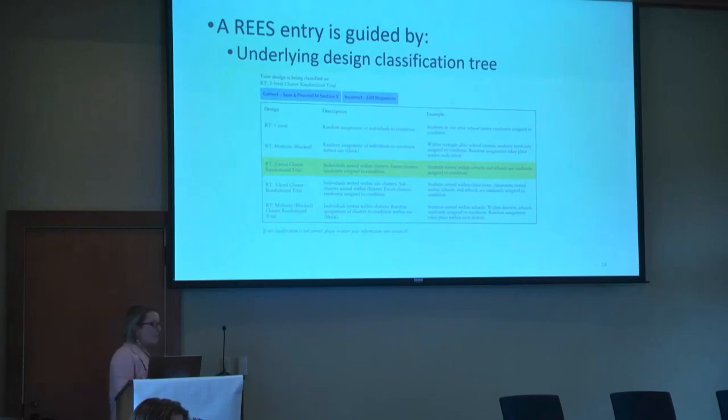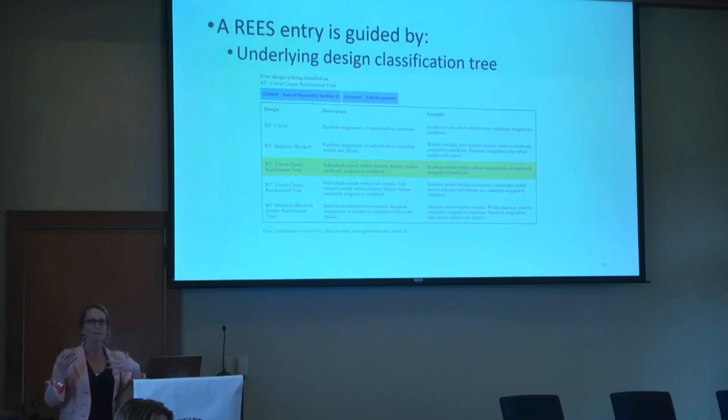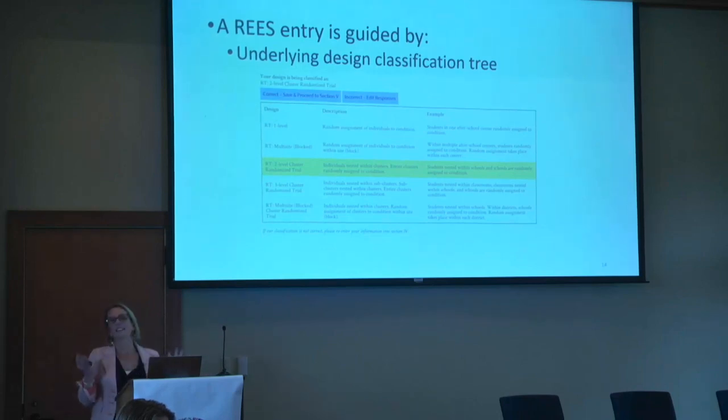So the next feature that I think is a little bit different is that we tried to ask relevant information. Because I know for myself, when I'm filling something out, and it starts asking me questions that are not at all related to what I'm doing, it can be a little bit frustrating. And so in the goal of streamlining things and also using common language, we have what I would call a design classification tree built into the system.